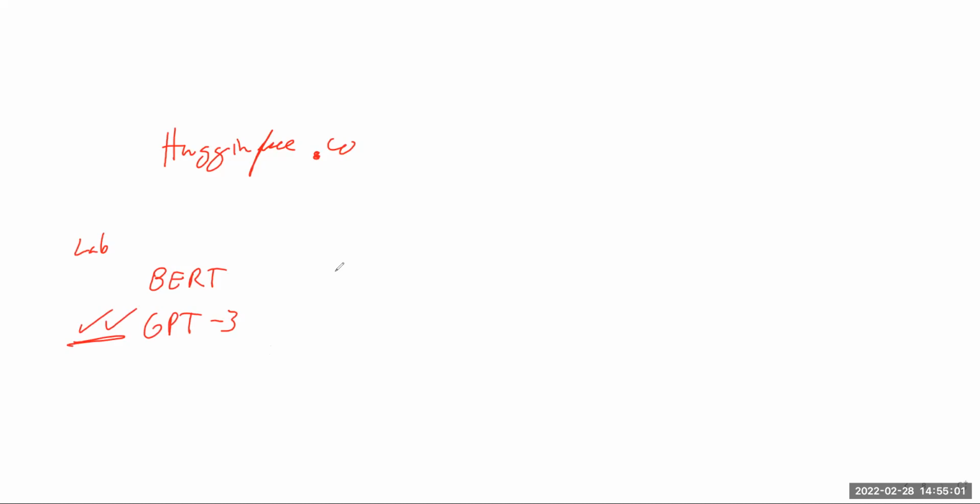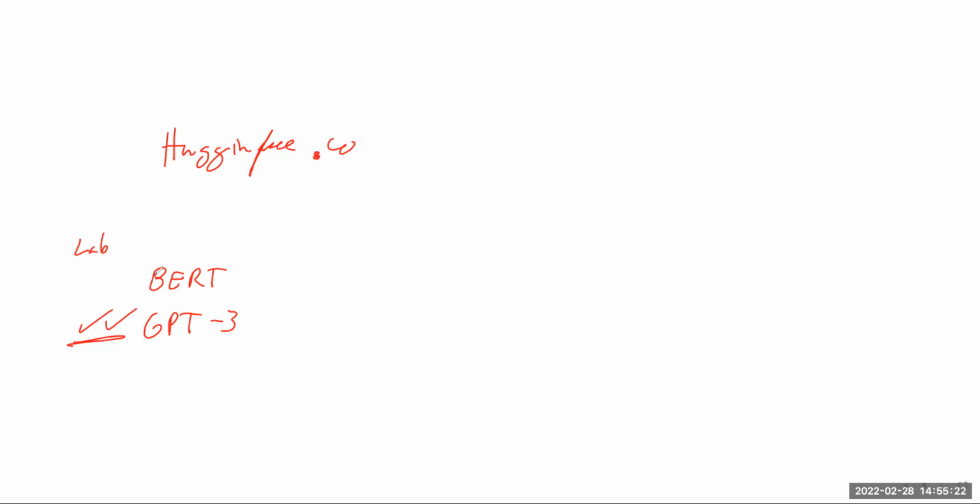So that will be one of the things that we have to do later in the semester, okay? But anyway, Hugging Face has developed this model hub where you can download pre-trained models and then use them for your specific problems.